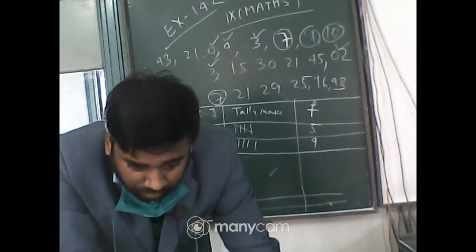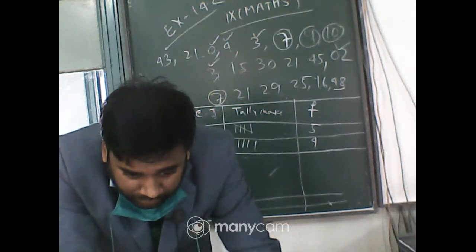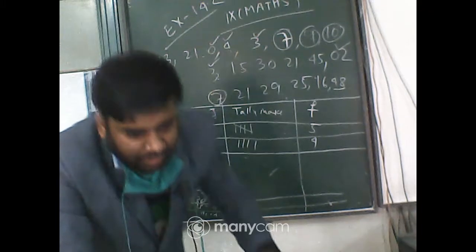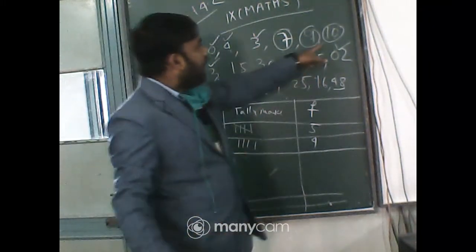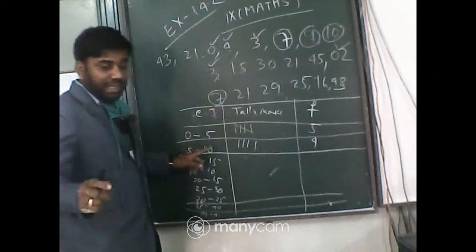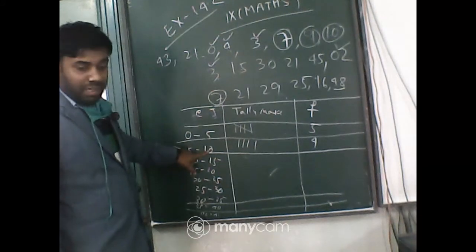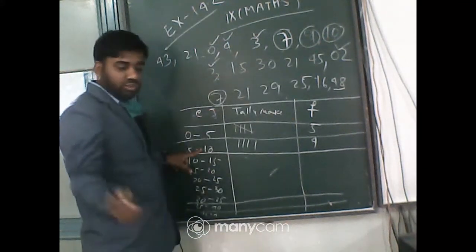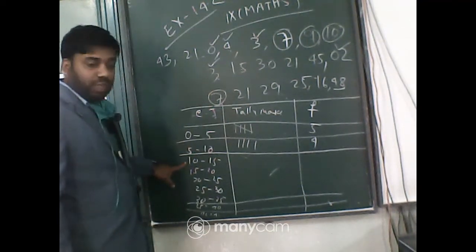Sir, we will have to take 10 in the lower limit and upper limit also of the previous interval? No. Here you can take that 10 in this interval. That's why I have taken 5 to 10 with 10 as the upper limit. So I have included that 10 in this interval, so in the next interval you will not take 10.